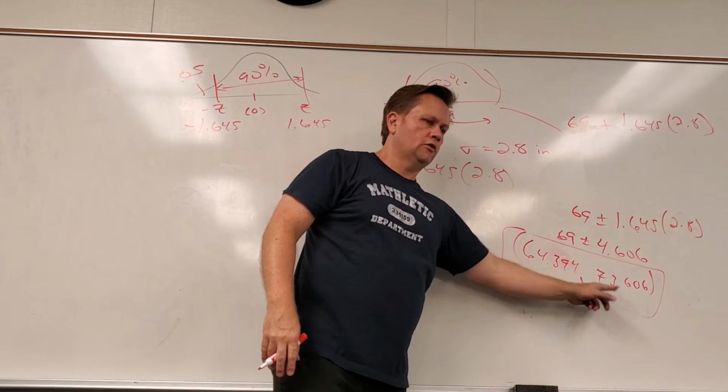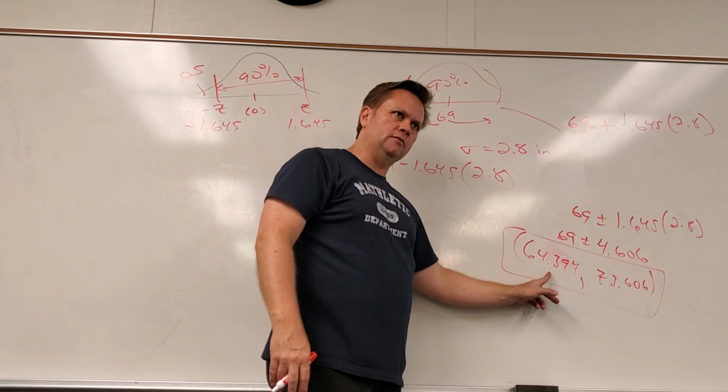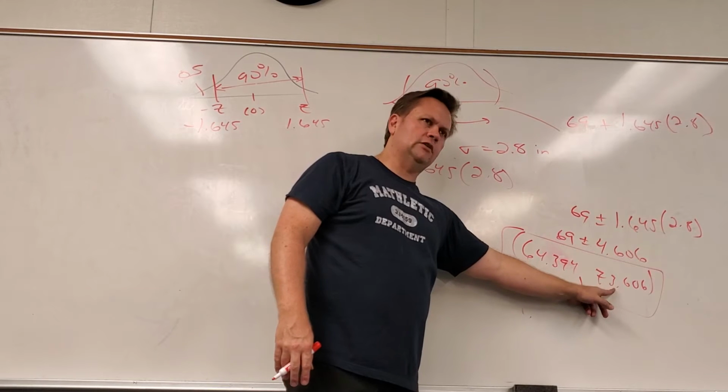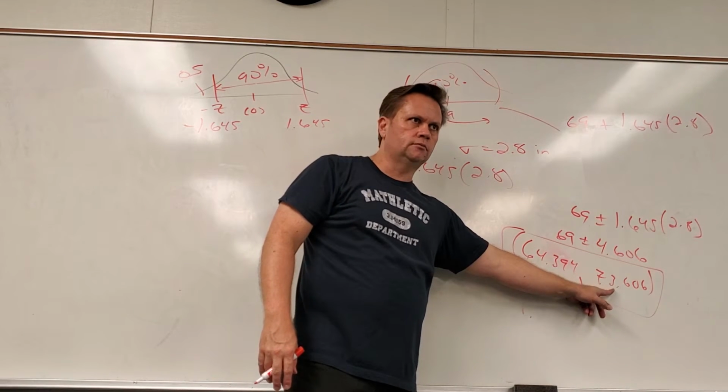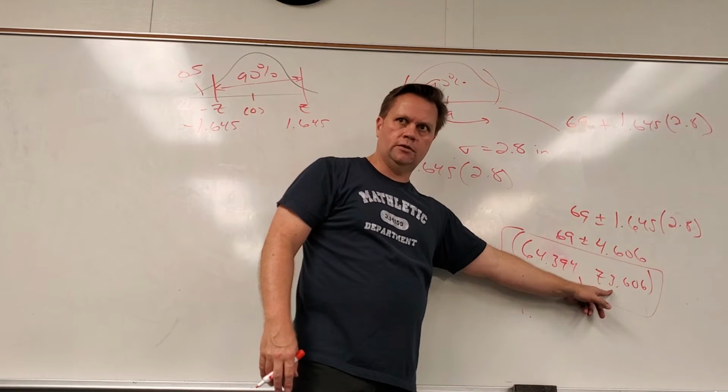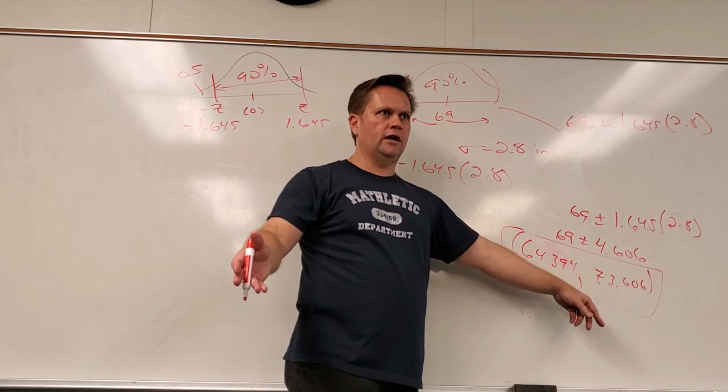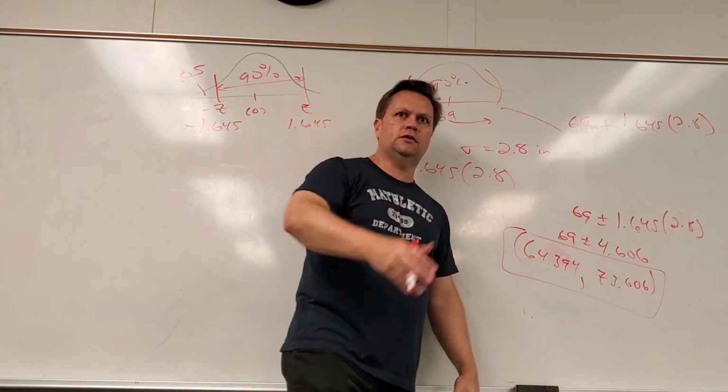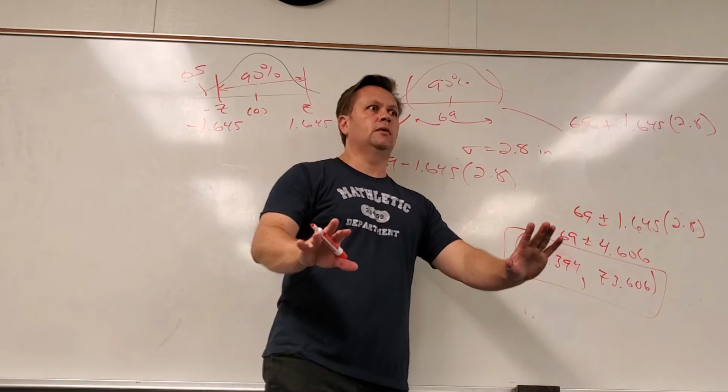For example, this is 5'4" or something, and this would be 6'1". You guys with me? 60 inches is 5 feet, 72 inches is 6 feet.